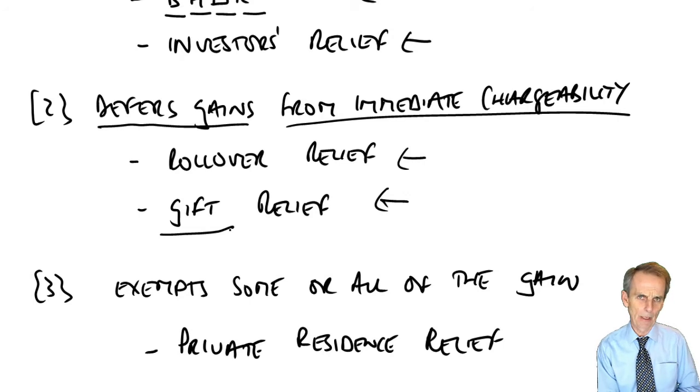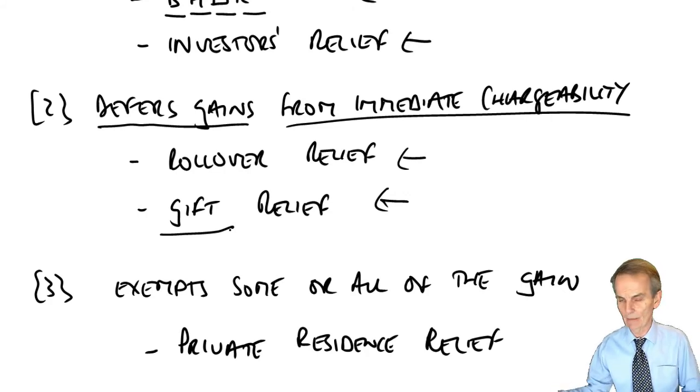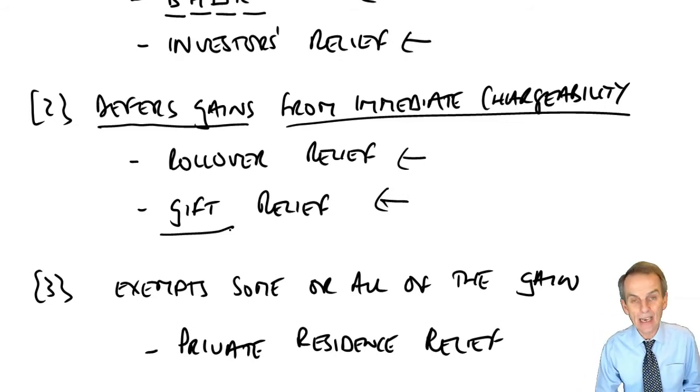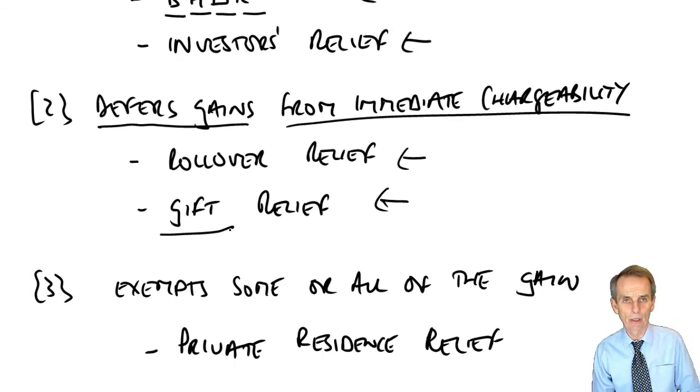So imagine how surprised your client will be when they discover that although they've given something away to their son, daughter, nephew, niece, grandchild, whatever, they got no cash consideration coming in, or if they have, it's a very small amount by comparison to the market value, that we are actually going to compute a gain based on market value. Though they didn't receive it, we're going to compute a gain based on market value.